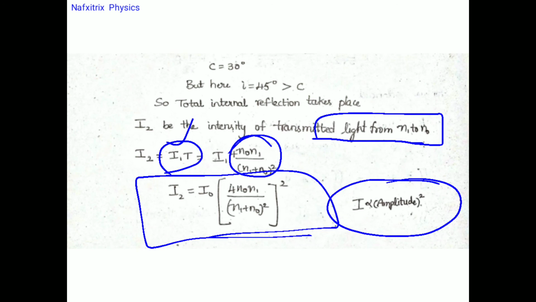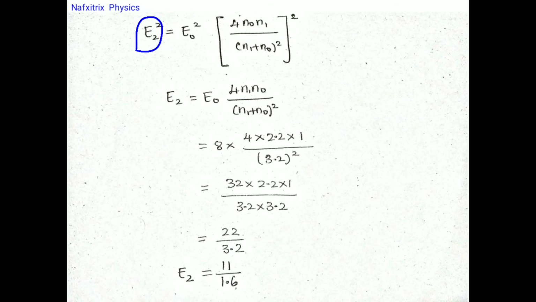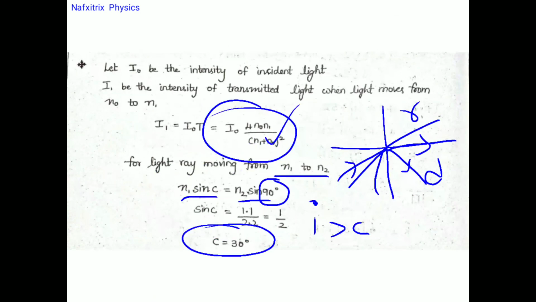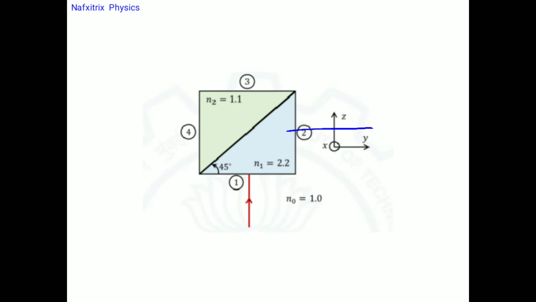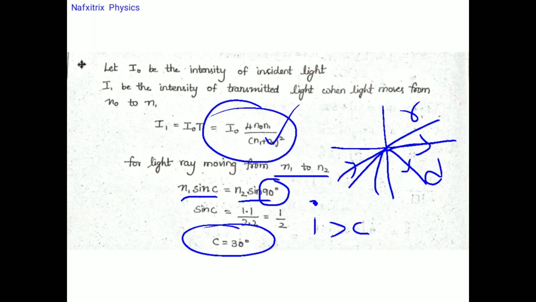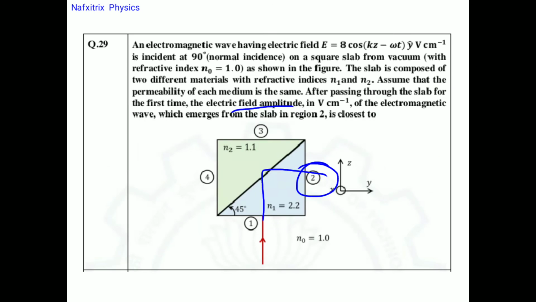So the E2 square, the electric field, that is the light which is coming outside. We were supposed to find out this only in this question: how much light is coming in this direction, that is, the amplitude of light, the amplitude of the electric field.